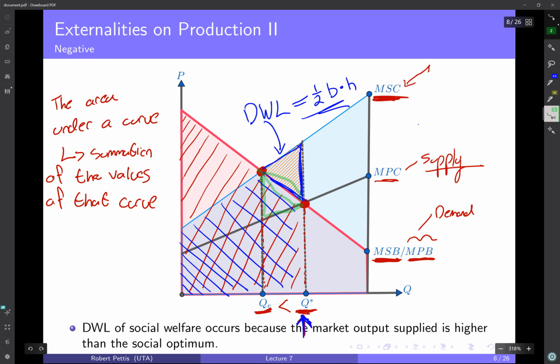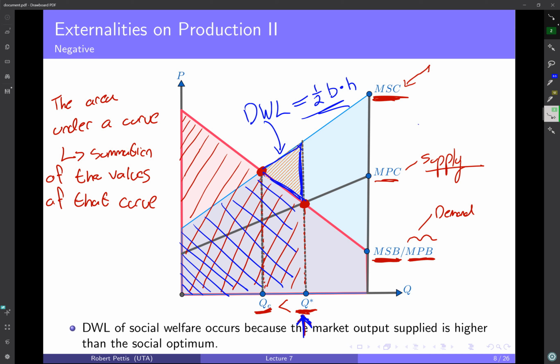There's a triangle there, there's a triangle here, maybe we'd think this is a triangle or this is a triangle. So there's all sorts of things that look like they could be deadweight loss, so we've got to know exactly where it is. And I think this is the best way to do that.